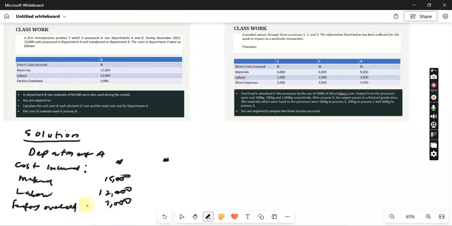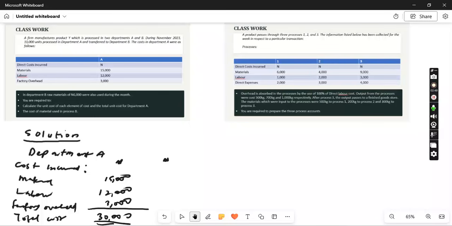So at the end of the day, we have a total cost of 30,000 naira for department A. So it means for department A to complete the first stage of the process, department A incurred a total cost of 30,000 naira, which is the output for department A to be transferred to department B.